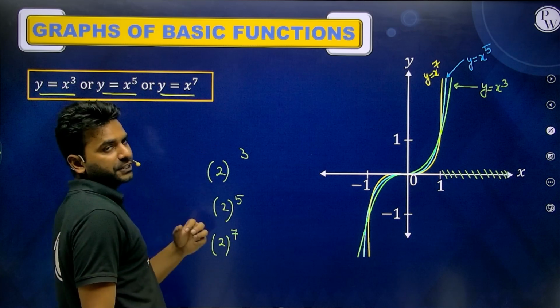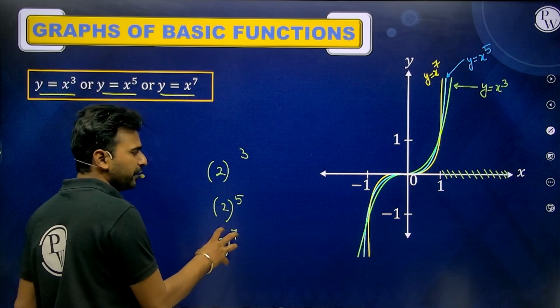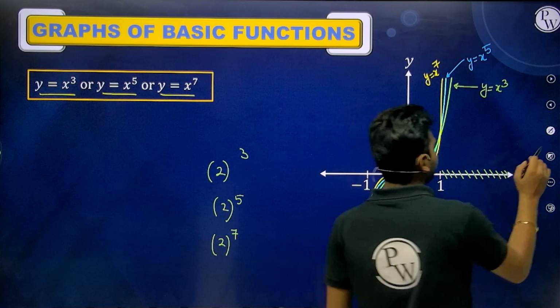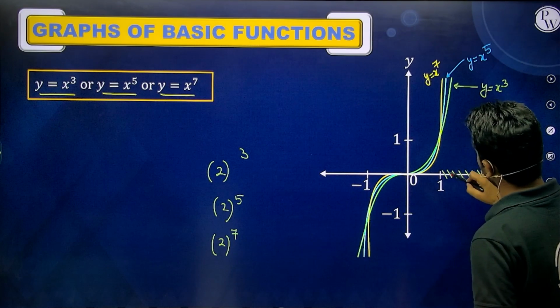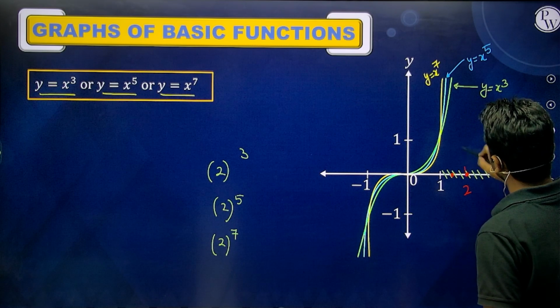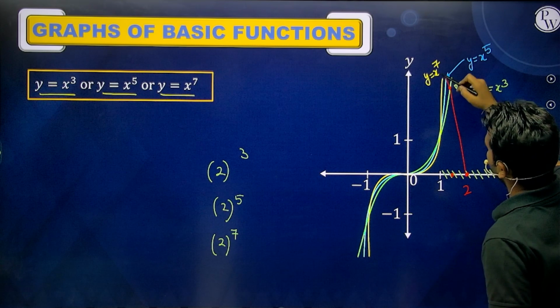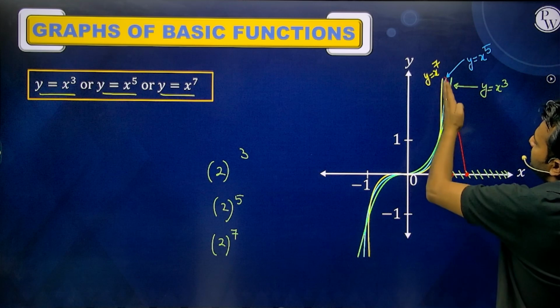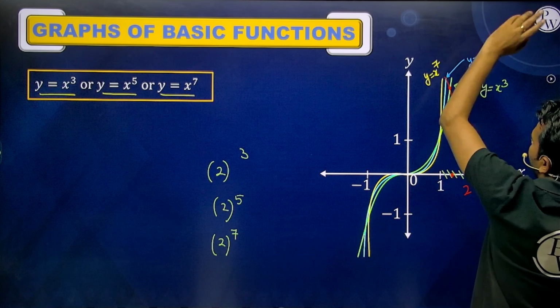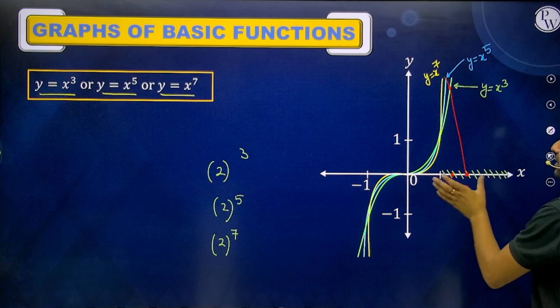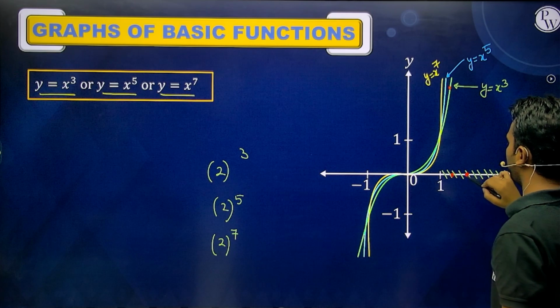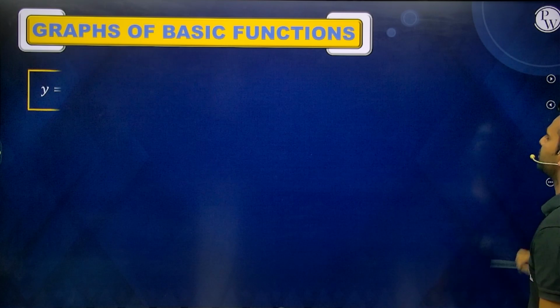Yes or no? If you see the highest one, this value is going to be the highest, then this value, then this value. So over here, let's say this is x equal to 2. Which value should be greater? The value of x to the power 7 should be greater at x equal to 2. So obviously whichever graph is coming above should be y equal to x to the power 7 in these values. So I hope you guys are clear. Yes, a very important observation that you have to make, kids.